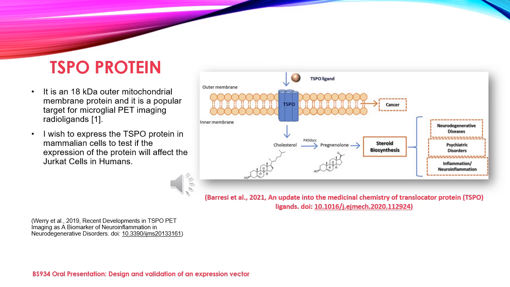My aim is to express it in Jurkat cells, which are mammalian cells responsible for T-cell leukemia, which is a very rare cancer found in humans mainly, but it can also be expressed in mouse.